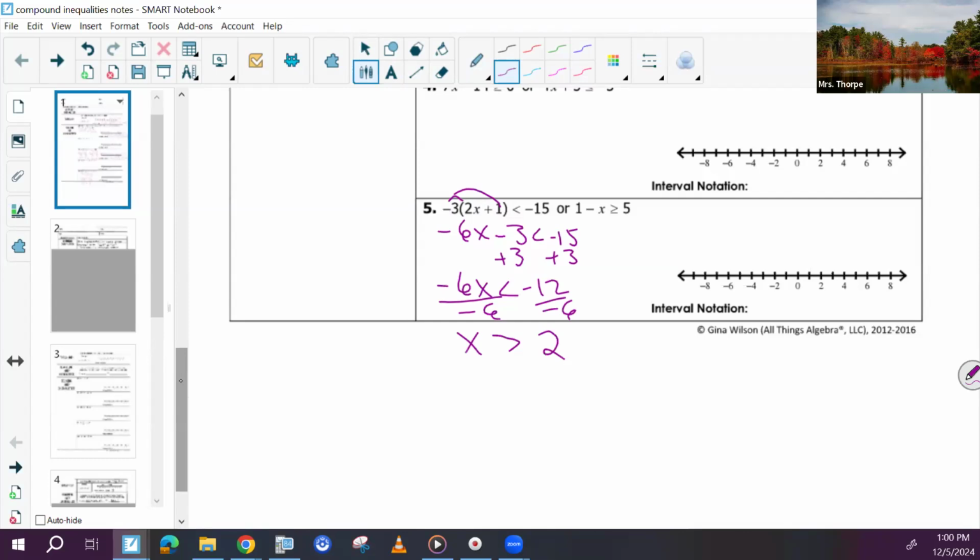How would we get x by itself for the second one? How would we get x by itself here? How would we start that one? Subtract 1.